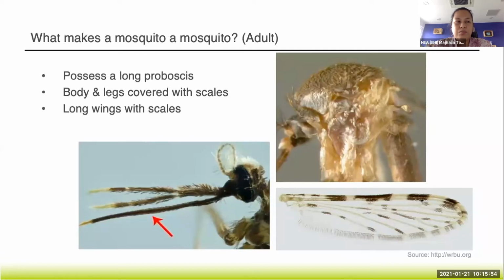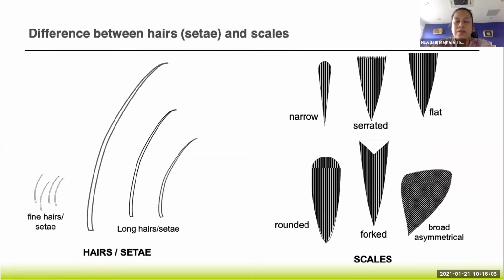So, what is the difference between these scales and hairs, so that we can determine that the sample we're handling is really actually a mosquito? These are examples of hairs and scales. What is the difference that you see in them? You can type your answers in the chat box.